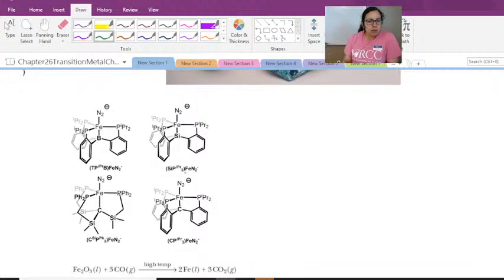prominent in research. And so if you look at it, these would be called tridentate ligands. So again, now we have tri, so 3 things binding to our metal.